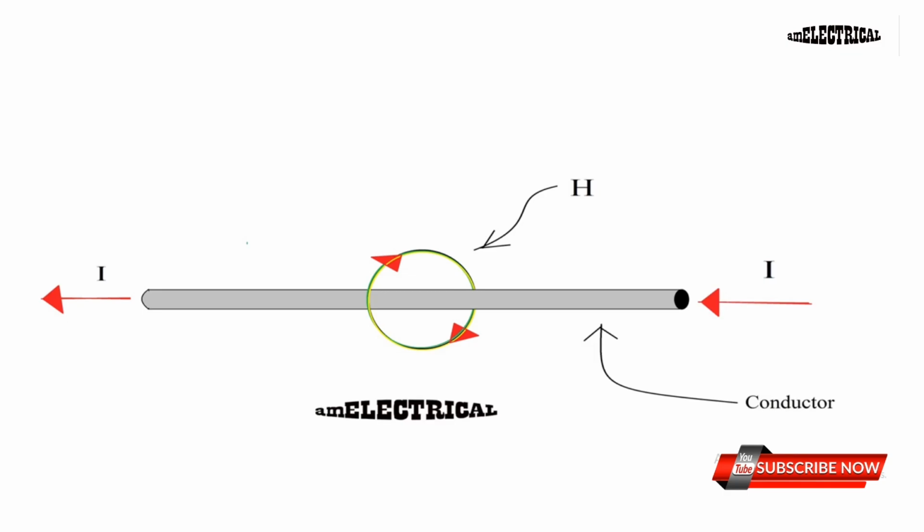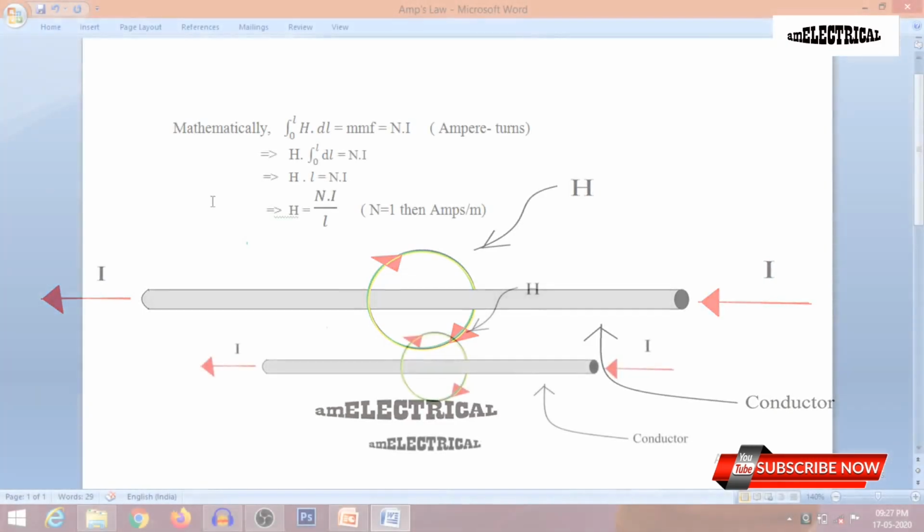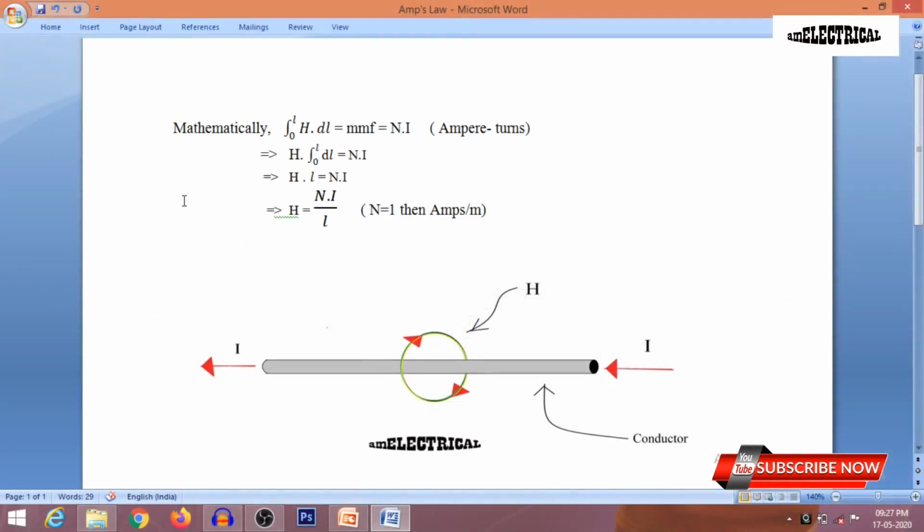Now we will see the mathematical representation of Ampere's law. It will be like this. If the length of the magnetic field path is L, then if we integrate from 0 to L, the magnetic field intensity H dot dl, where dl is a small length, is equal to the mmf, that is NI, where N is the number of turns.